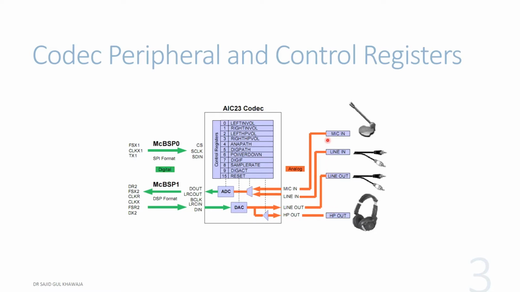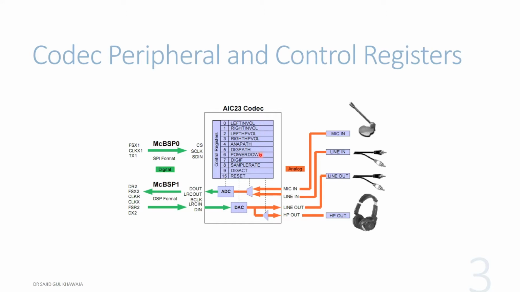This management of configuration, choosing which of the lines will be utilized, is done through a certain amount of control registers. In essence, AIC23 has 10 control registers. Every register is 16 bits. Certain bits of every register play an important role in selecting or configuring this AIC23.